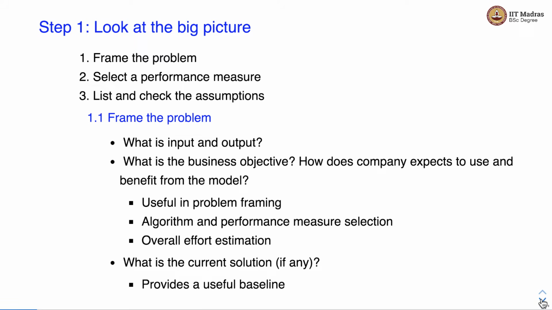It is also important to understand what is the current solution because the current solution provides a useful baseline. Sometimes the current solution could be to use a human labor to figure out what is the quality of the wine. Now we can figure out what is the accuracy of the current system that is deployed for the problem.